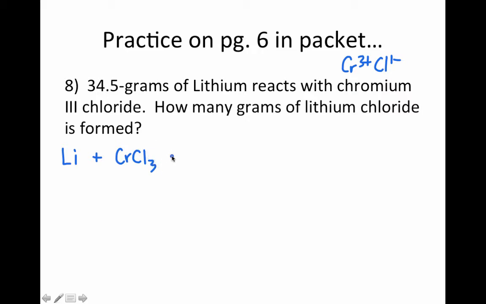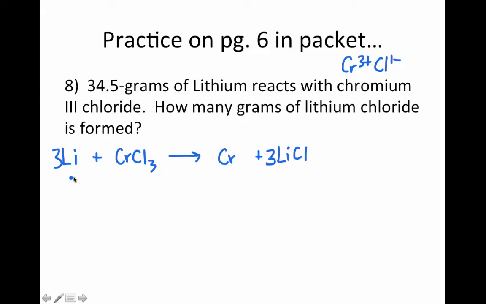So when we crisscross that, we get CrCl3. And then let's see, the chromium is going to get kicked out on its own, plus LiCl. Lithium's a 1 plus, chlorine's a 1 minus. And we need to balance that one. So it looks like a 3 and a 3.